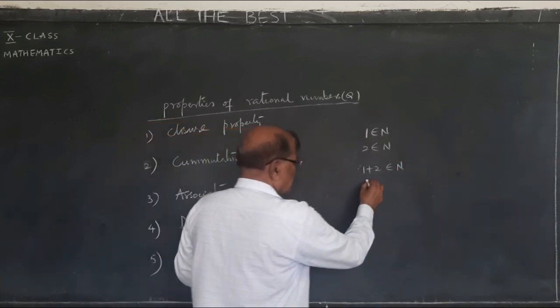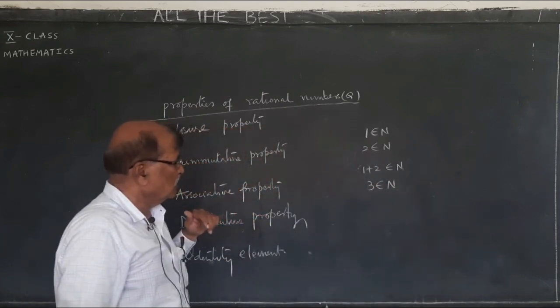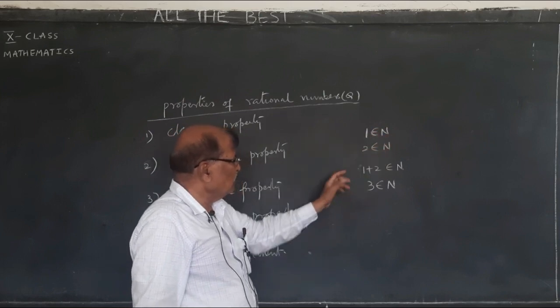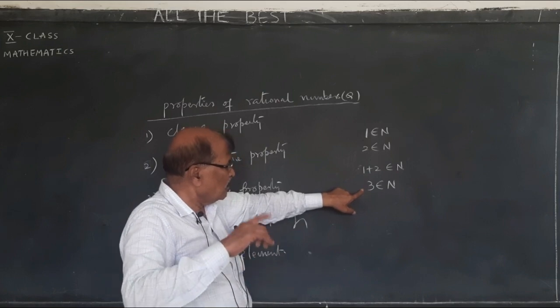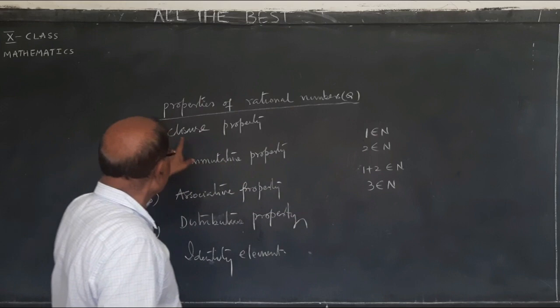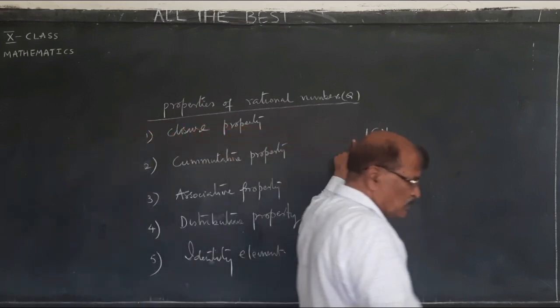So that means 3 also belongs to the set of natural numbers. So if 1 belongs to natural numbers and 2 belongs to N, when you add these two numbers, the resultant number also belongs to the set of natural numbers. So this is called closure property under addition in natural numbers.